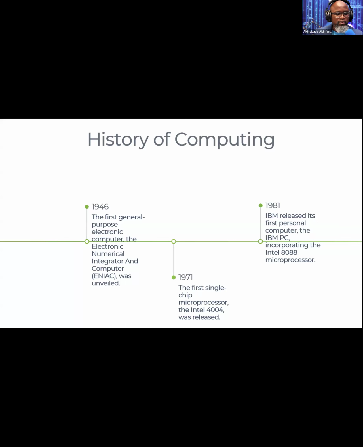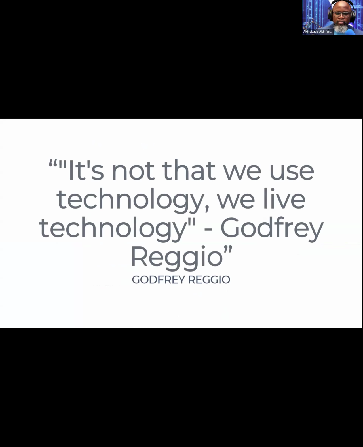Now, our flash drive has more capacity than what a mainframe had in the 50s. So the world has changed, a lot of changes. It's not that we use technology, we live technology. It's part of the ecosystem.